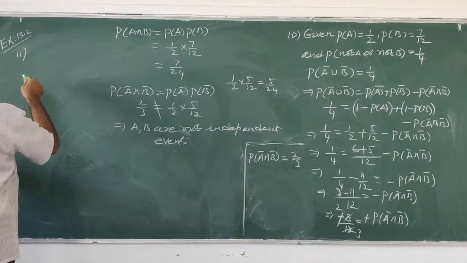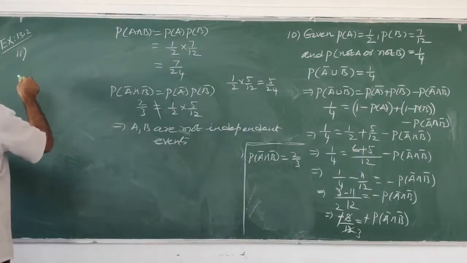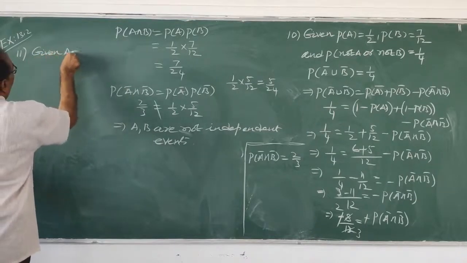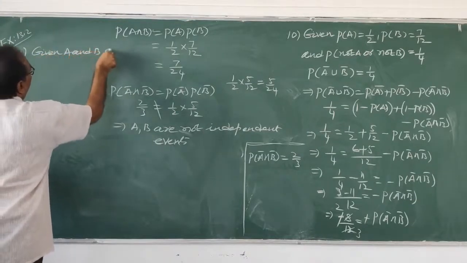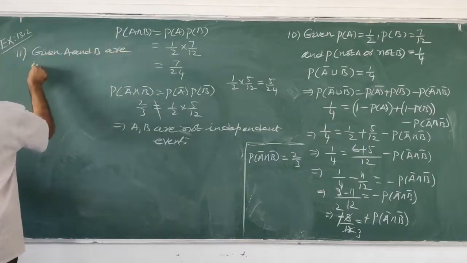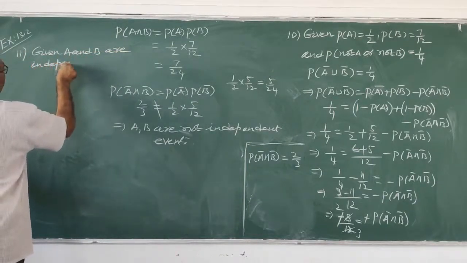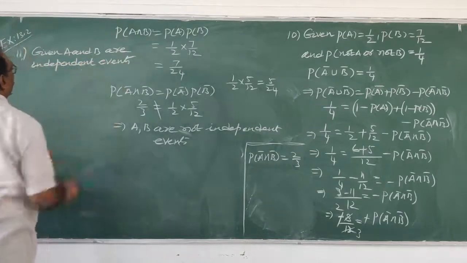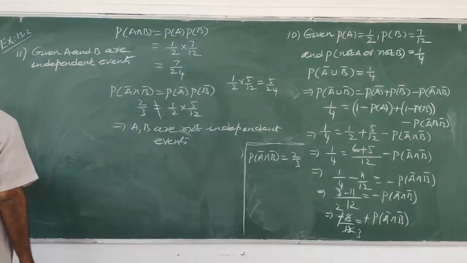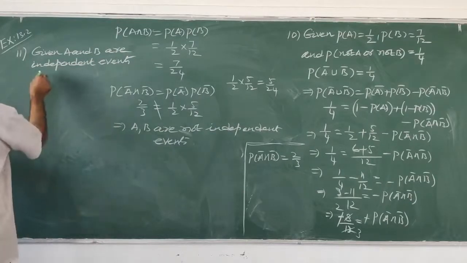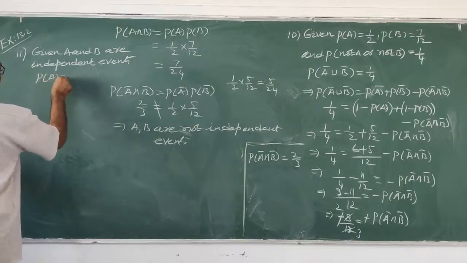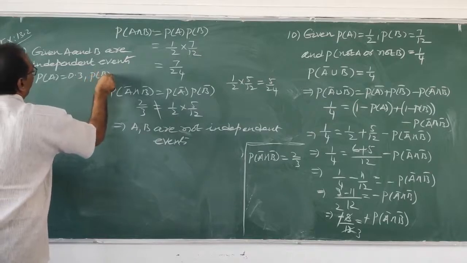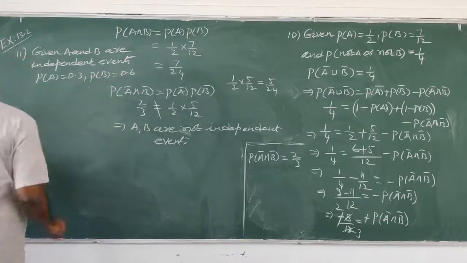What is problem number 11? Given two independent events A and B. Given A and B are independent events, with P of A equal to 0.3 and P of B equal to 0.6.